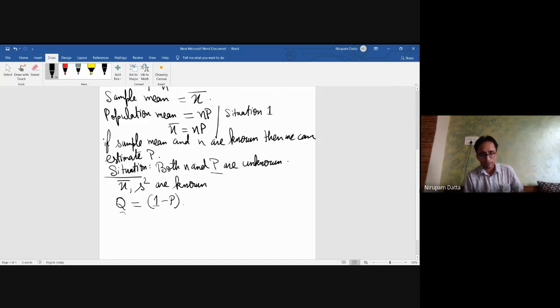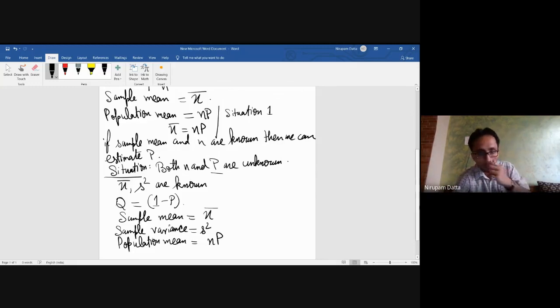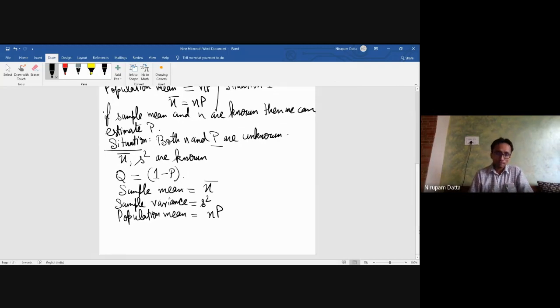So now we know what is sample mean. Sample mean is equal to X bar, sample variance equal to S square. Now we know what is population mean. Population mean is equal to N of P, and we also know what is population variance.